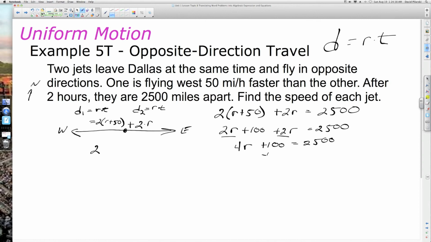I subtract 100 from both sides using the subtraction property of equality, leaving 4r on the left. Remember, these cancel. That's going to be equal to 2,400, dividing each side by 4. The rate of the plane going east is 600 miles per hour.